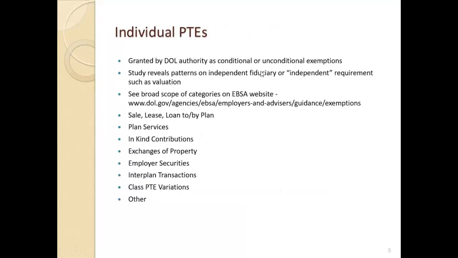Now, we have to remember, just generally speaking, from a policy and procedure point of view, that when in the statute they give an exemption, Congress has decided that it's okay to grant an exemption, and these generally fall into two kinds.